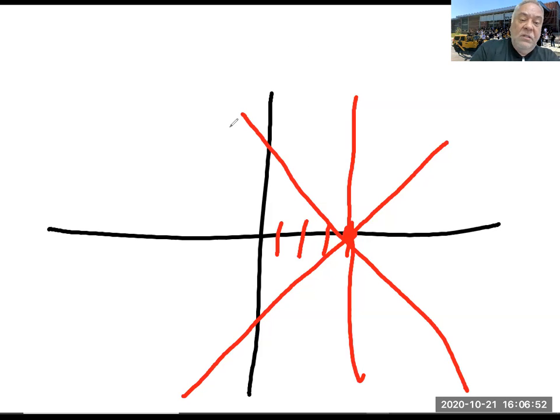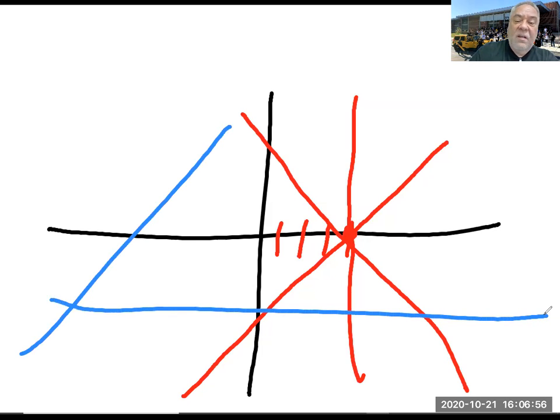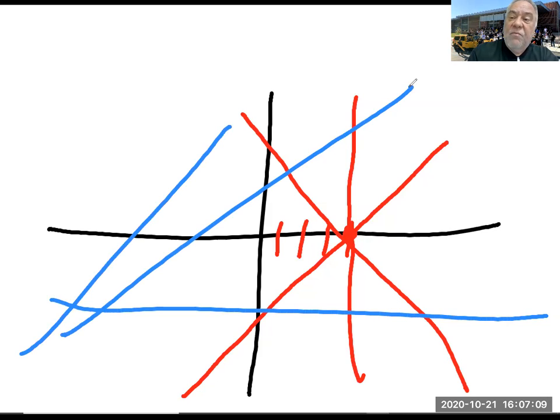If it looks like this, no, it's not it. Like this, that's not it. Like that, that's not it. It has to go through the point that they do. It has to be on the x-axis. That one should be pretty straightforward.